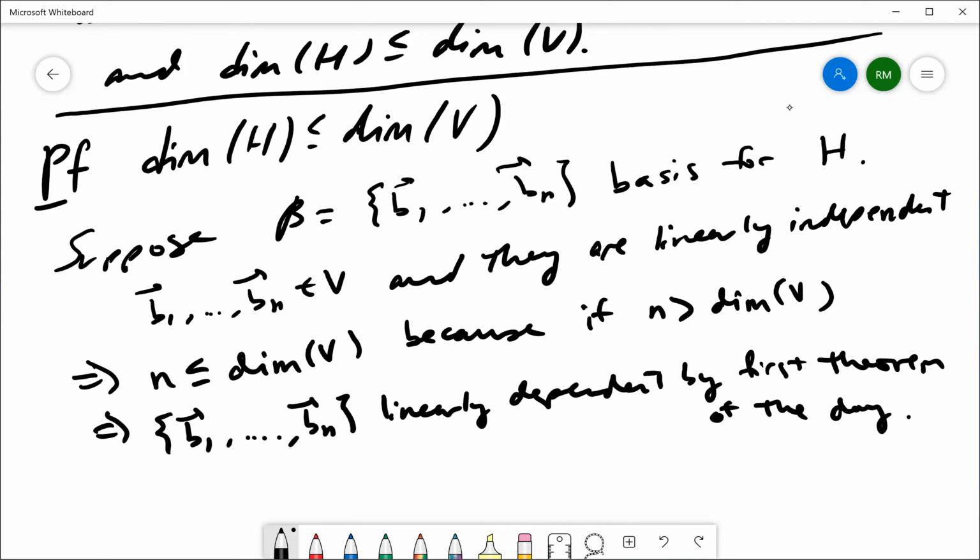So therefore, we must have that the dimension of H is smaller than the dimension of V, or they could be equal. The other theorem just takes a lot of groundwork and is not that enlightening.